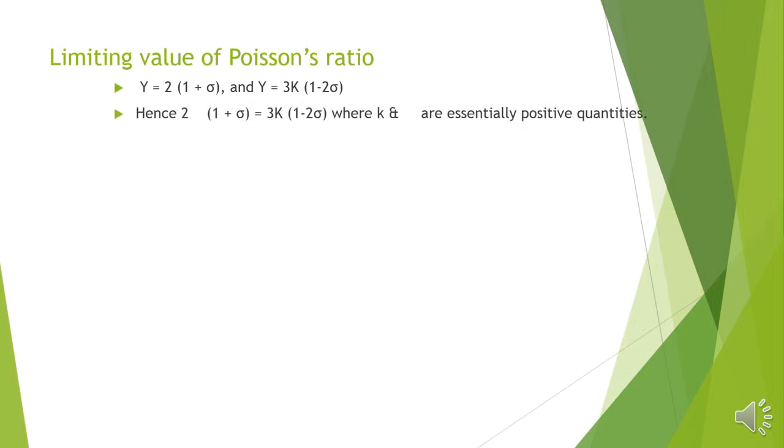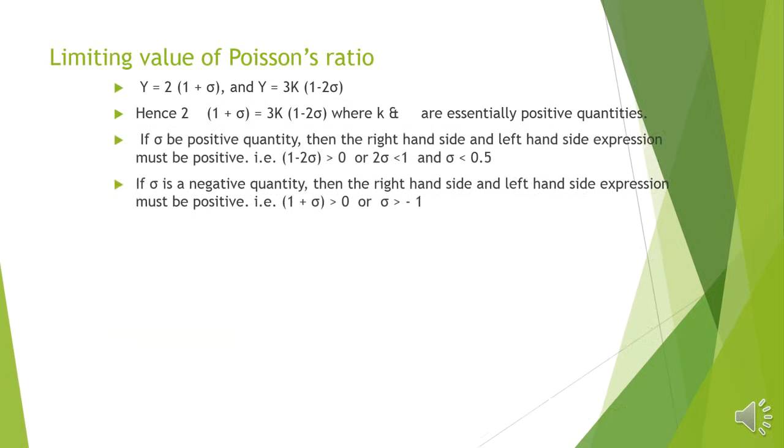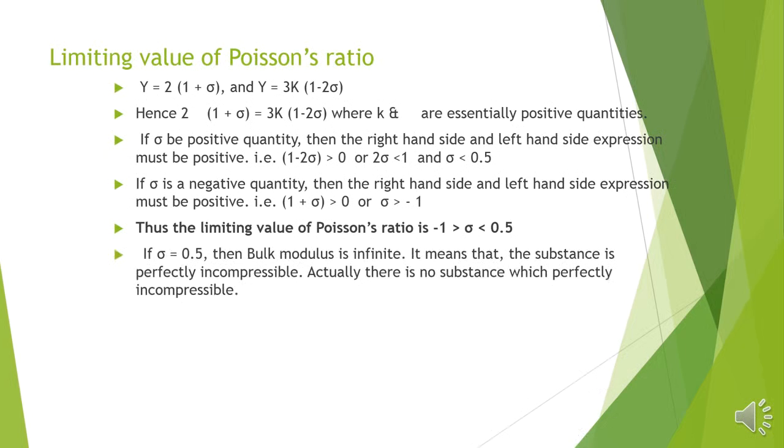Hence, from the equation 2n into 1 plus sigma is equal to 3k into 1 minus 2 sigma, where k and sigma are essentially positive quantities. If sigma is a positive quantity, then the right hand side and left hand side expressions must be positive. That is, 1 minus 2 sigma should be greater than 0, or 2 sigma should be less than 1. This gives sigma is less than 0.5.